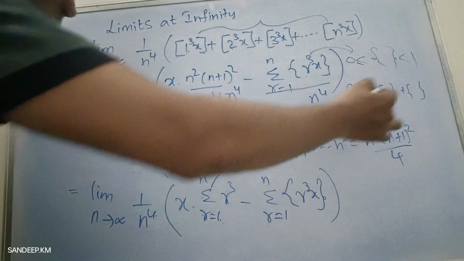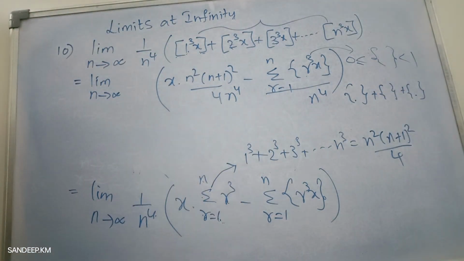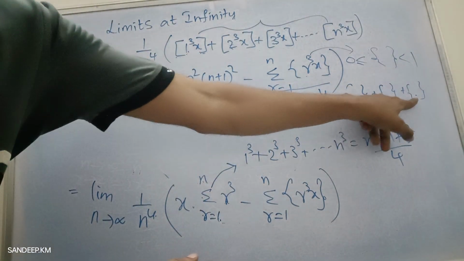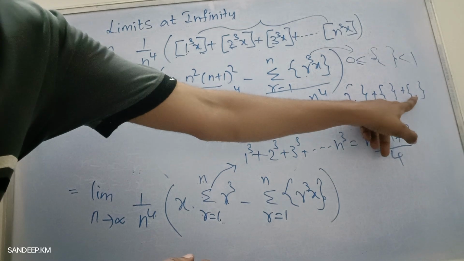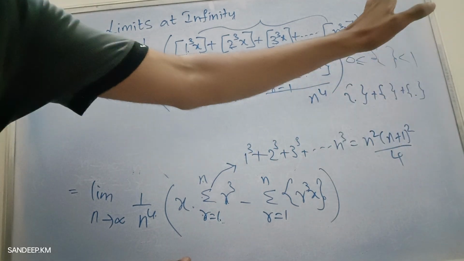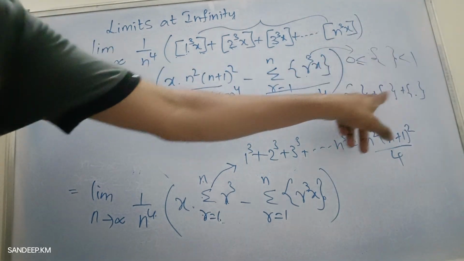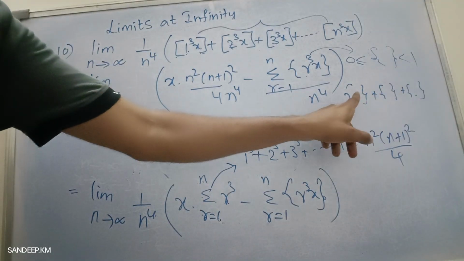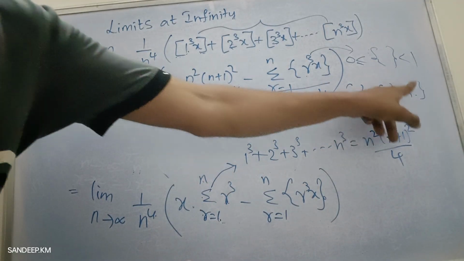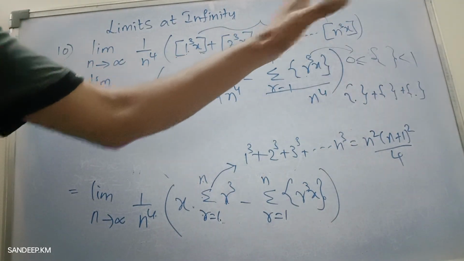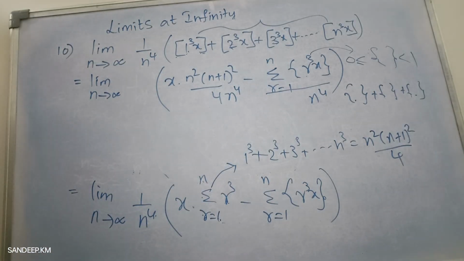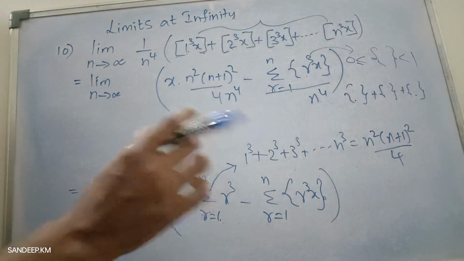The sum of all these numbers, each one less than 1, then the sum may not go to infinity. Are you understanding this? The sum will not be infinity. A proper fraction plus proper fraction plus proper fraction and so on up to infinite terms will not be infinity. It will be some finite number.